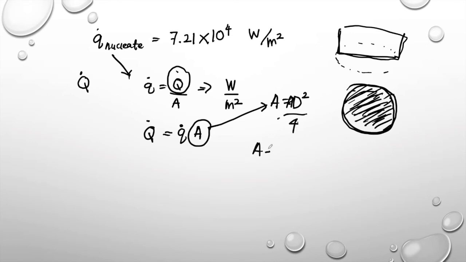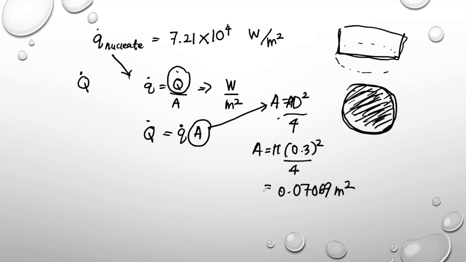Substitute the area: pi times the diameter 0.3 squared over 4. You will get an area of about 0.07069 meter square.